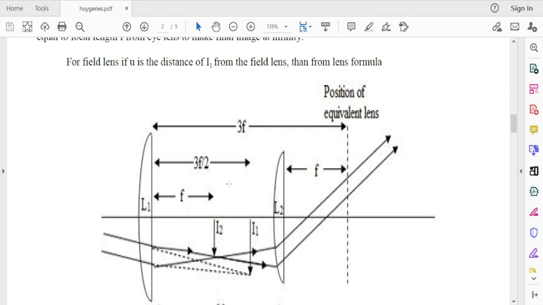See here, the image formed by the objective lens; this is the field lens and this is the eye lens. The image formed by the objective lies behind the field lens, and therefore this eyepiece is also called a negative eyepiece. Keep in mind this statement.